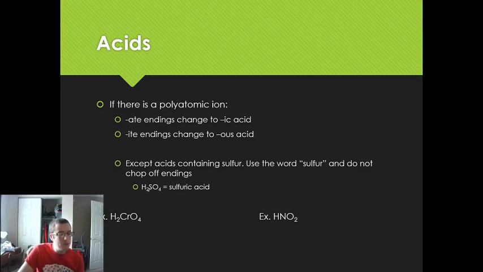So for this H2SO4 here, normally this would be sulfate, and so if we were to go through everything, we would chop the ending off and make it ic, so it'd be sulfic acid, but for whatever reason, sulfur acids are just really, really old, and so we've just kept the name that it was. So we simply wrote sulfur because there was a sulfur compound in here. And then since it came from sulfate, we're using the ic acid ending, so sulfuric acid.